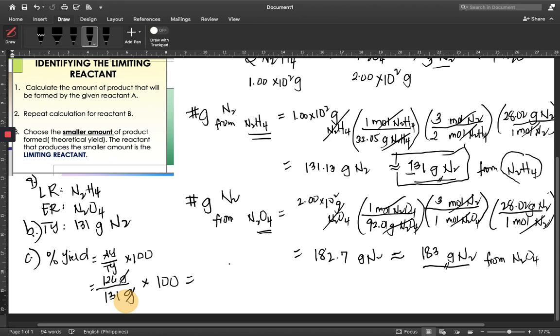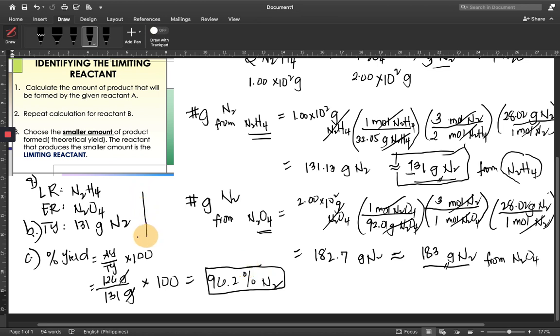So this is basically 126 divided by 131 times 100. And then we end up with 96.18, or 96.2% of nitrogen gas. That was our percent yield.